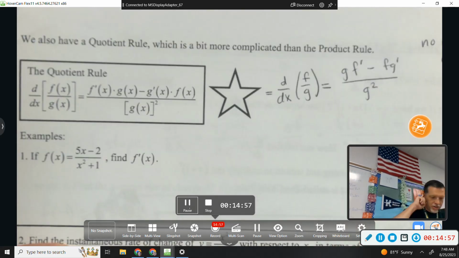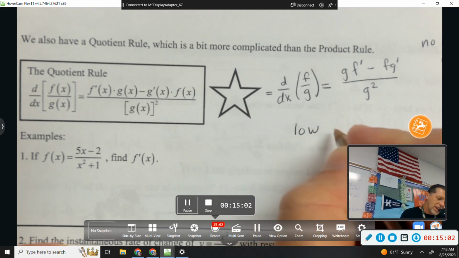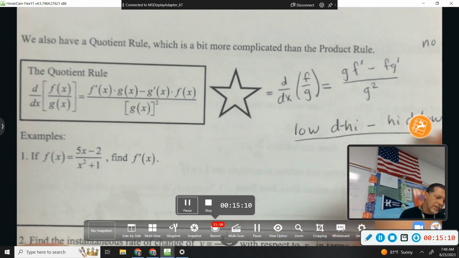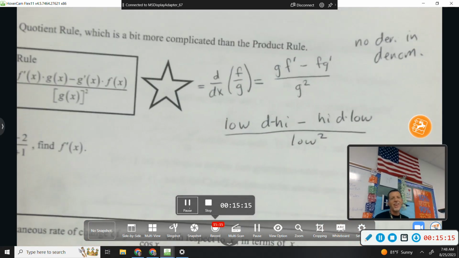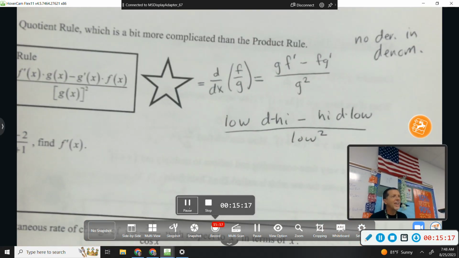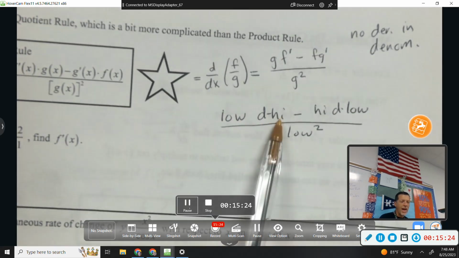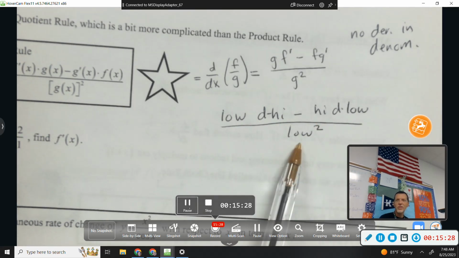I've heard other calculus teachers phrase it this way. Low D high minus high D low over low squared. What that means is that f is the high function and g is the low function. So it's the low one times the derivative of the high one minus the high one times the derivative of the low one over low squared.